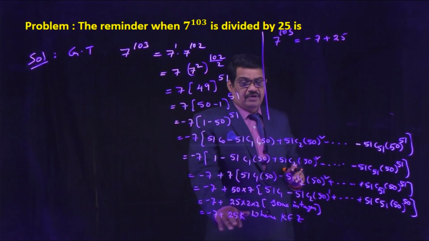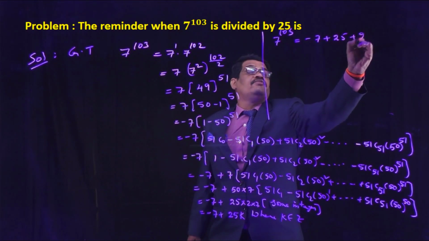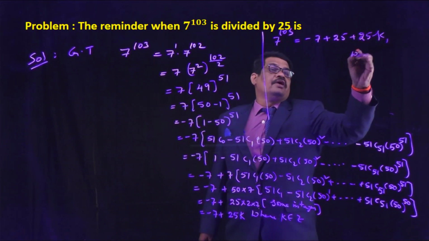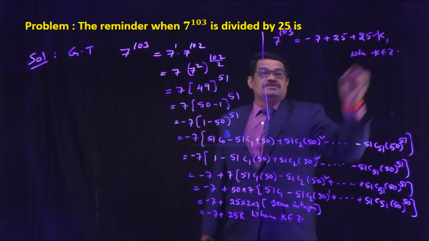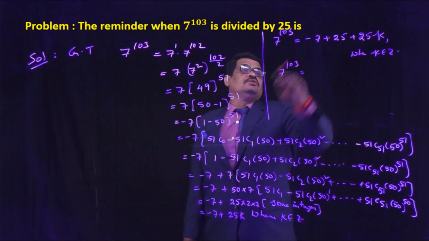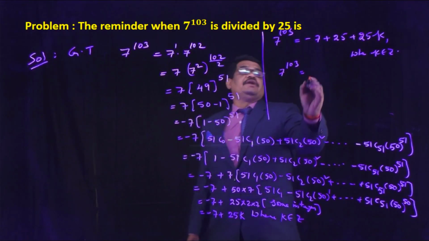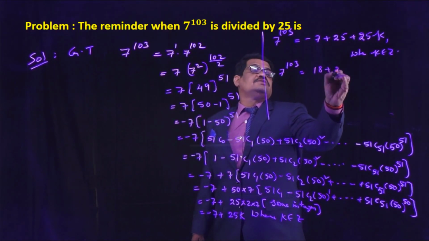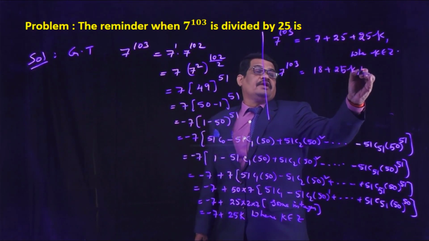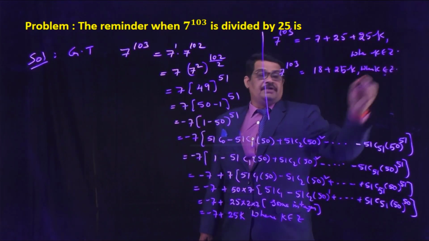So one of the values, 25 into 1, we are writing here 25 plus 25 into some integer, where k is some integer. That is 7 to the power of 103 is equal to 25 minus 7, that is 18, so 18 plus 25k, where k is some integer.